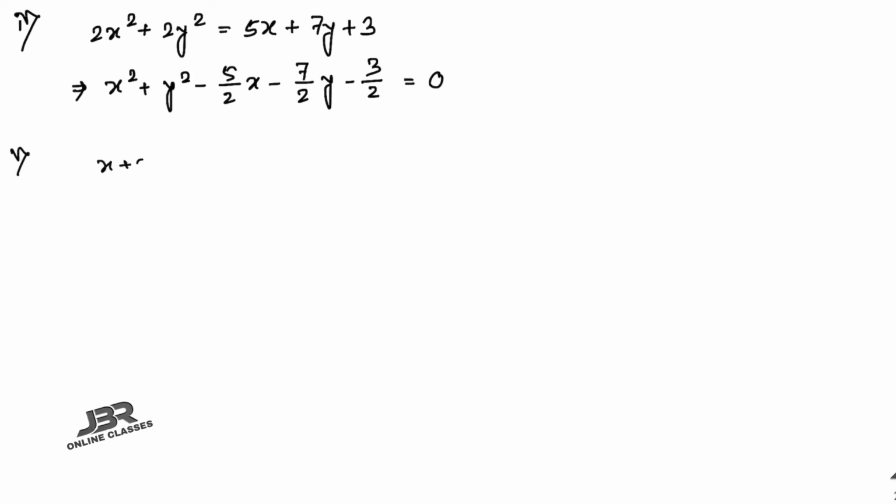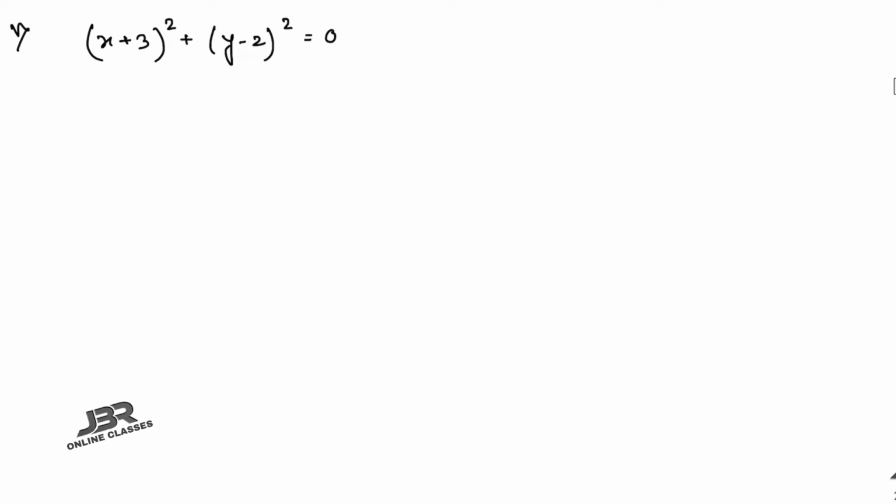In sum number 5 here x plus 3 whole square plus y minus 2 whole square, that one equal to 0. So here you can write down this one as x square plus here it's 6x plus 9, then here y square minus 4y plus 4, that one equal to 0.